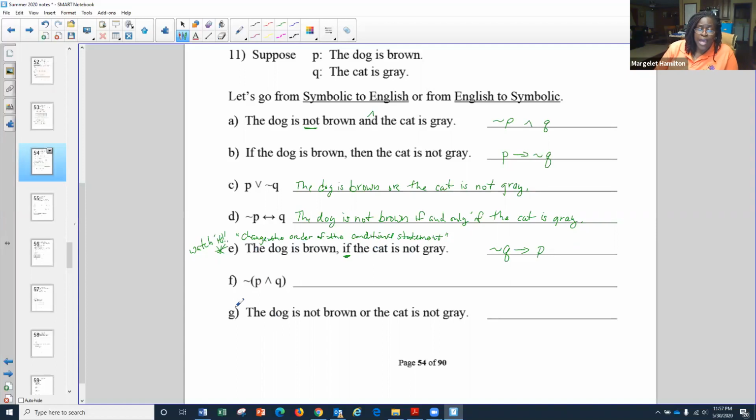All right, then you had negation of P and Q. Now remember how we read this. Trivial, okay?